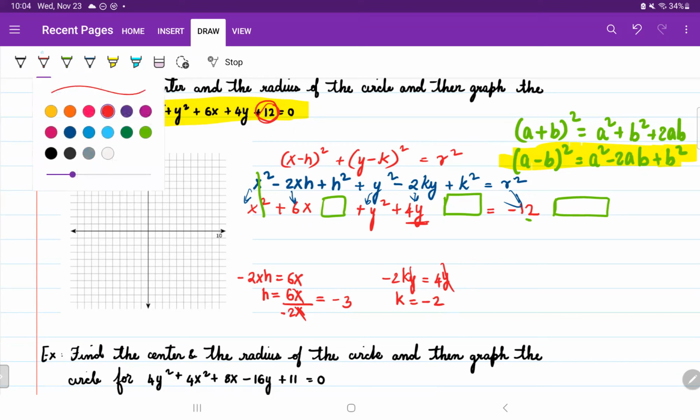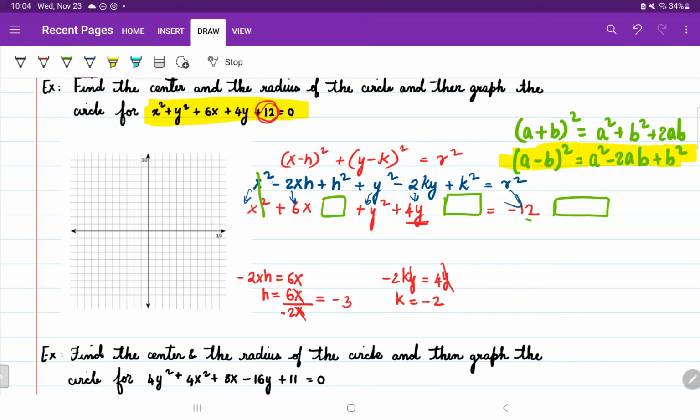So now we can write this thing here as x squared minus 2x times our h, which is minus 3, plus h squared, which is minus 3 whole square. Then we have y squared, then minus 2 times k, we know what k is now, which is minus 2, then our y, and plus k squared, which is minus 2 whole square.